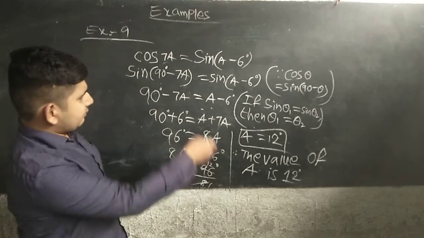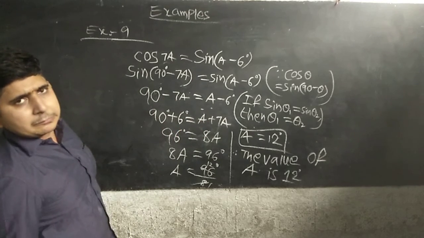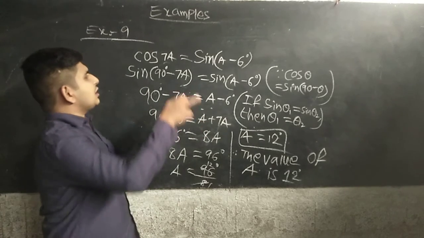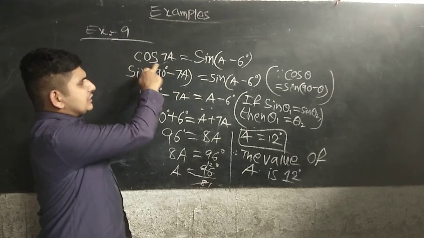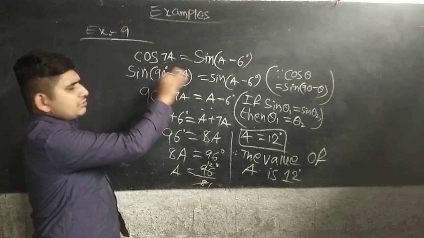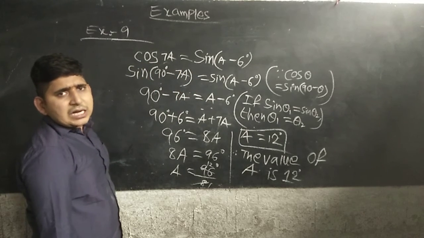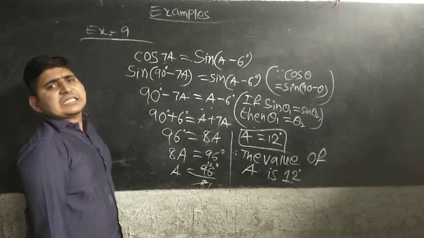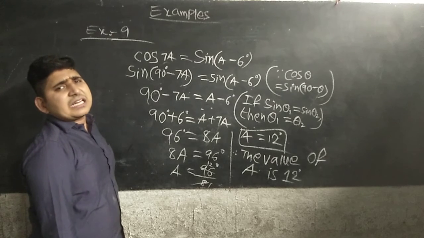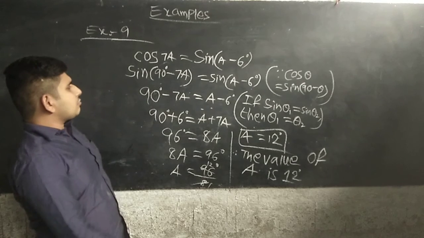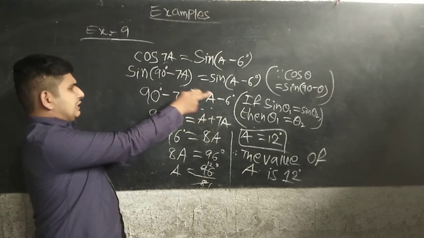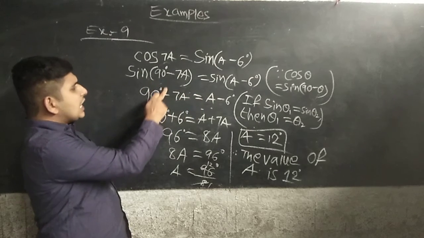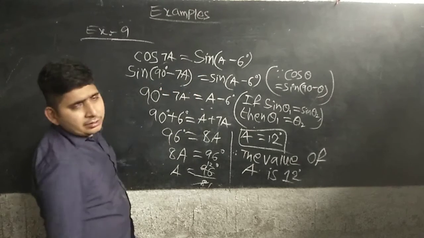In this way, you have to solve each type of problem. Simple. But make the trigonometric ratios on both sides equal, by using your trigonometric ratios of complementary angles. Then after making the ratios equal, automatically the angles will be equal.